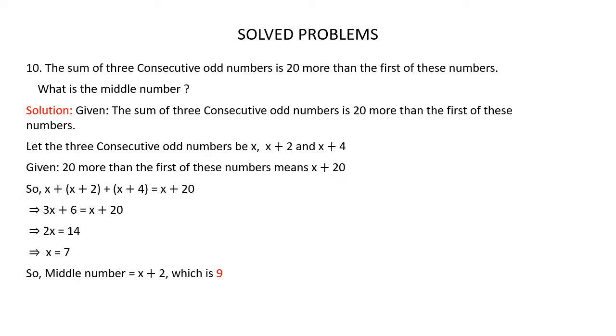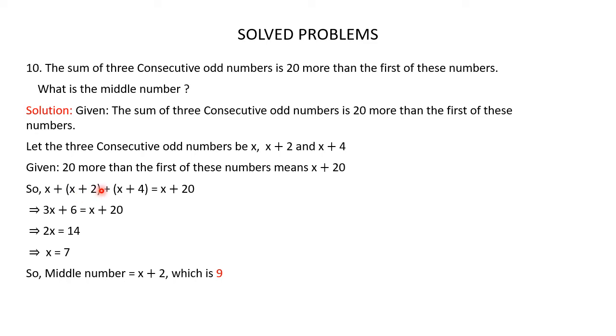Now you have an equation. x plus x plus 2 plus x plus 4 is equal to x plus 20. So 3x plus 6 is equal to x plus 20. When you move x to the left side, you get 3x minus x, which is 2x.